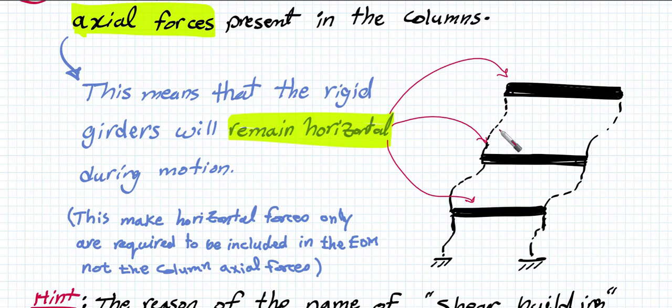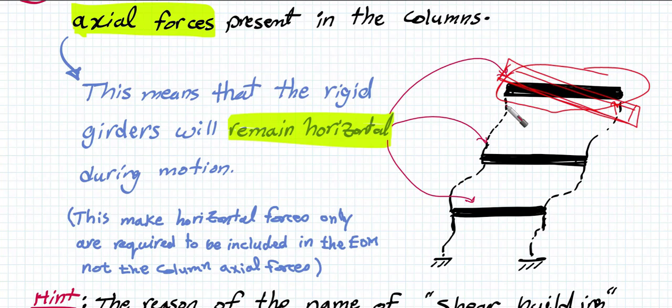I mean that the axial forces of the column will not affect the beam itself, because it is perpendicular to it. We are not expecting something like this to happen. Because the axial force in this column is going to be heavy, for example, so it is going to be compressed and then there is rotation. No, we are not going to consider this kind of stuff. So that's the meaning regarding this issue.